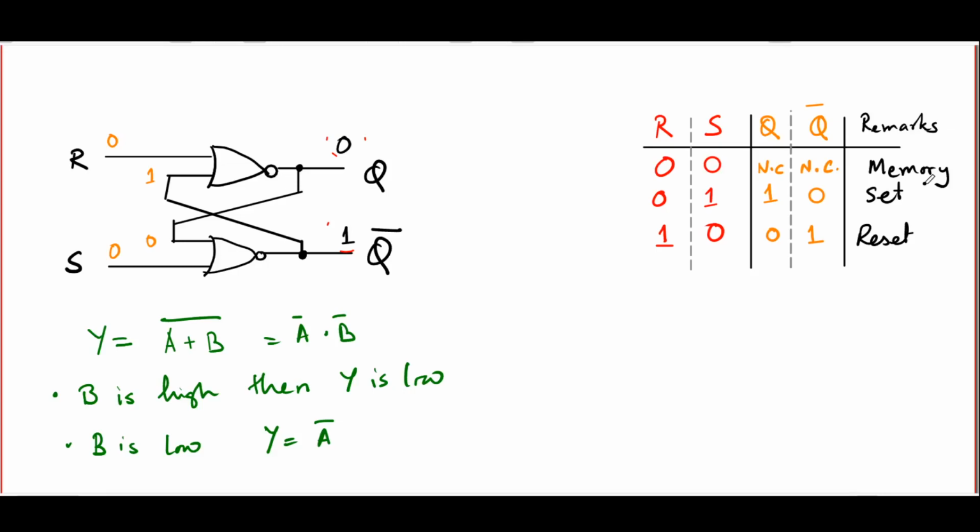In the other case, if you return to 0, 0 input after you reset the latch, that is put R equal to 1, S equal to 0, Q stays 0, Q bar stays 1. The output does not depend on the present values of the input but on the past behavior of the inputs. That, of course, is what a sequential circuit is supposed to do.